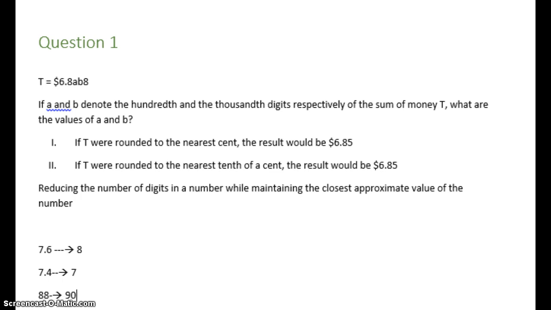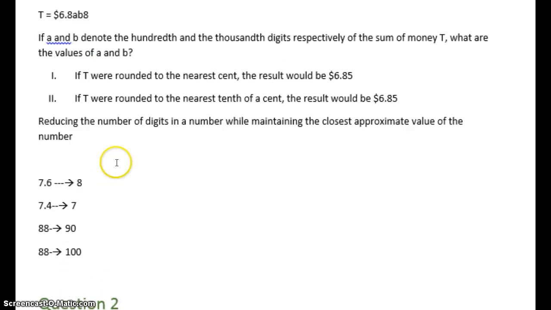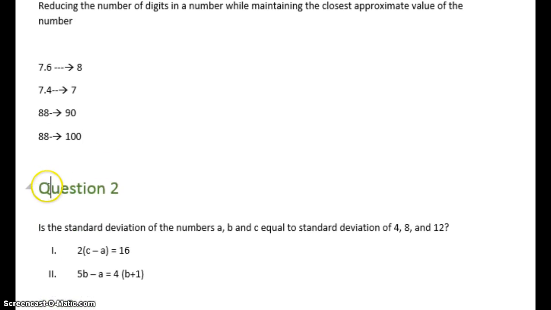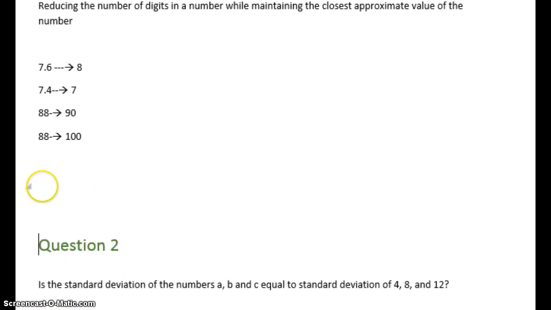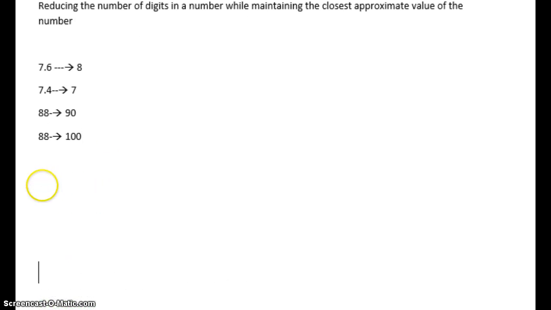Suppose I want to round off 88 to the nearest 100. Which is the closest 100 to 88? Obviously 100. Now what this tells us is that we can round off the number to any degree we want. Okay.